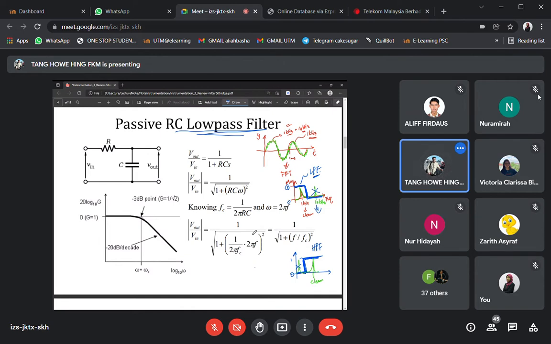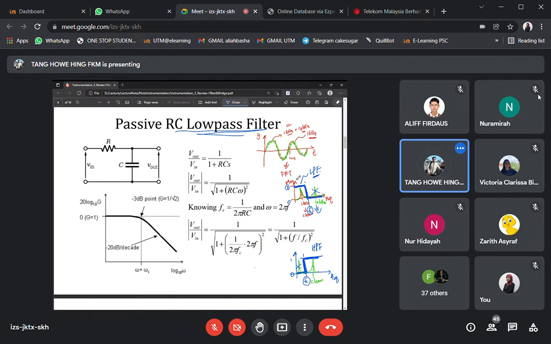Okay, and the point where the filter starts to cut is what we name the cut-off frequency. The cut-off frequency is very important, because whenever we want to design filters, we need to know where exactly the cut-off frequency is for either the low-pass filter or the high-pass filter.